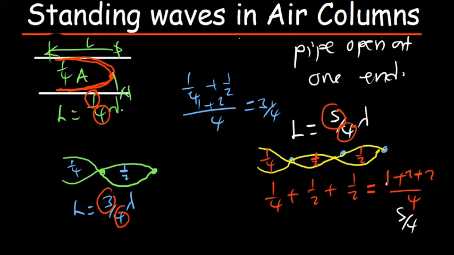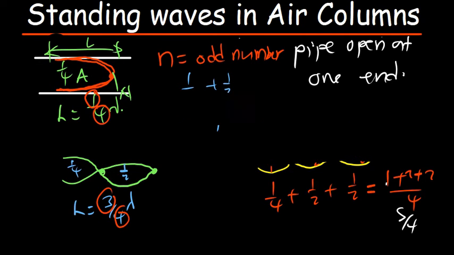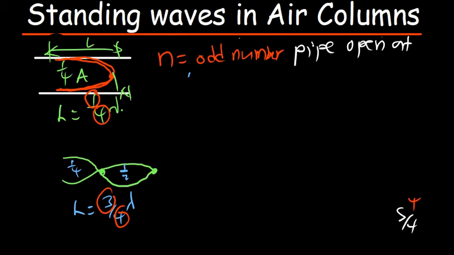So we can conclude that when the pipe is open at just one end, n can only be an odd number. So in this case, we'll only be dealing with the odd frequency. So n can only be 1, 3, 5, 7. Then you keep on going like that.